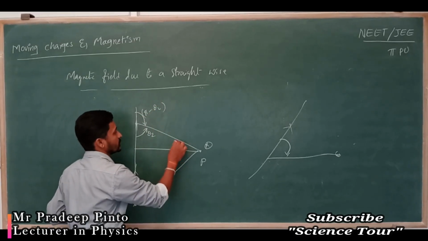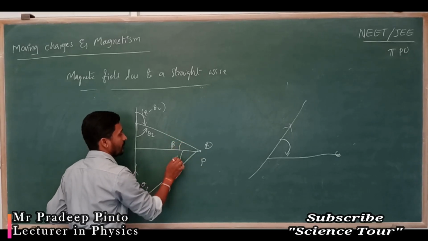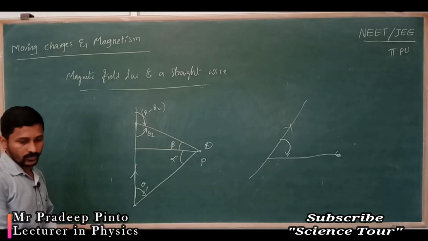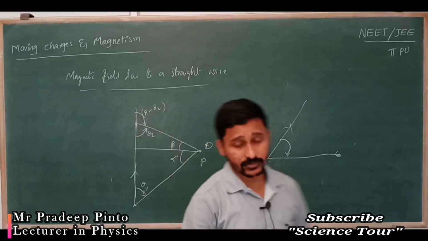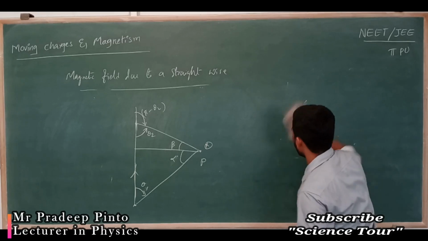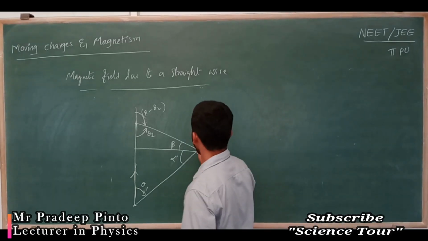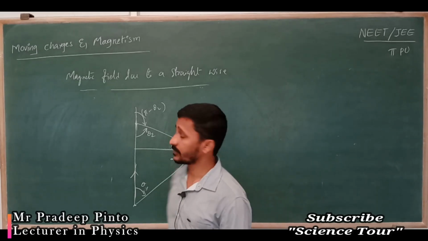So this becomes beta and this becomes alpha. There is a derivation, and we are not much interested in that, but finally at the point P you have to find the magnetic field.